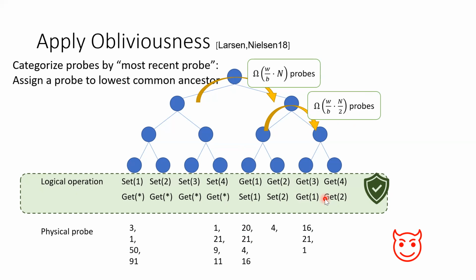And no matter whether we switch between the first sequence or the second sequence, they have the identical distribution of physical probes. So that means the root and the child of the root have to have a linear number of probes at the same time for the same sequence of physical probes.